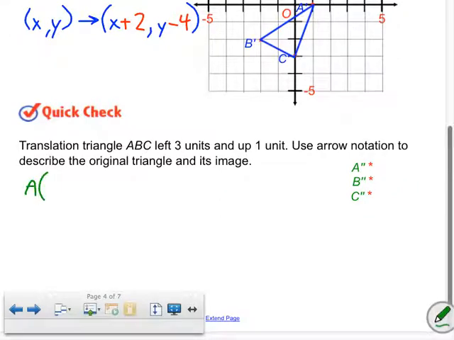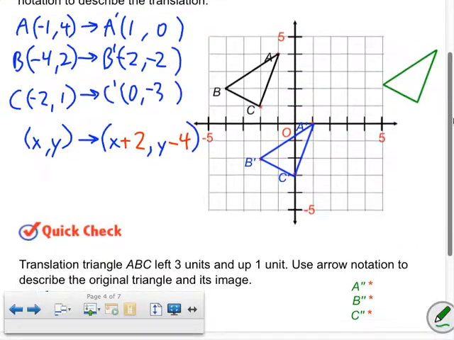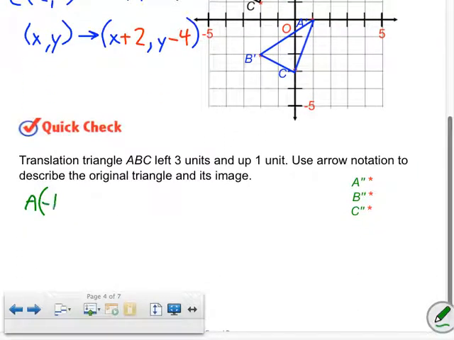If A was -1, 4, then what is A prime going to be, based upon this new translation? No, that's A prime. Right, because we have to differentiate between the two. We already have A prime, so double prime is what we would say. So what would A double prime be? -4 and 5. Okay, and then add 1, so we're going to be +5. Very good.